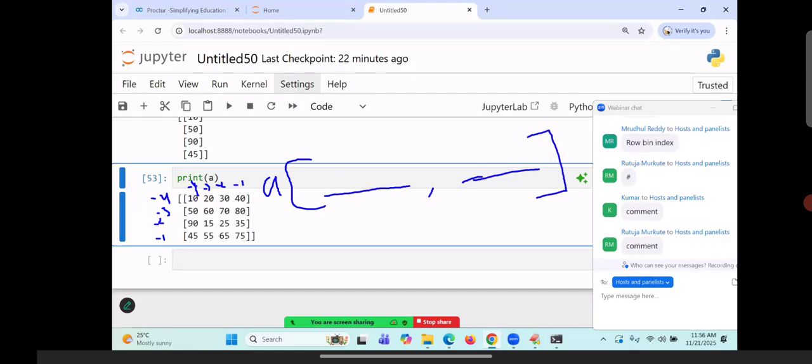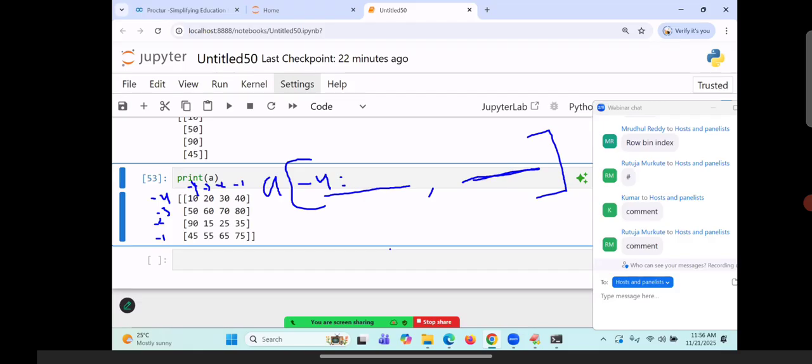Next portion. Negative index, please. -4 colon. That's all, -4 to last. We already applied begin colon.